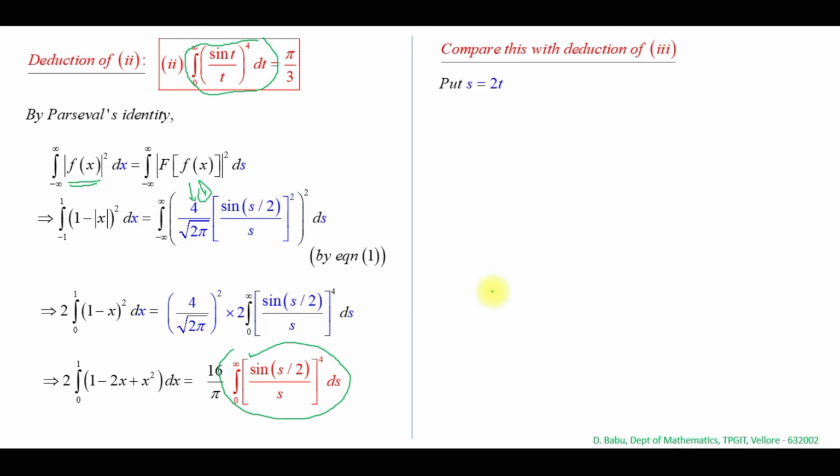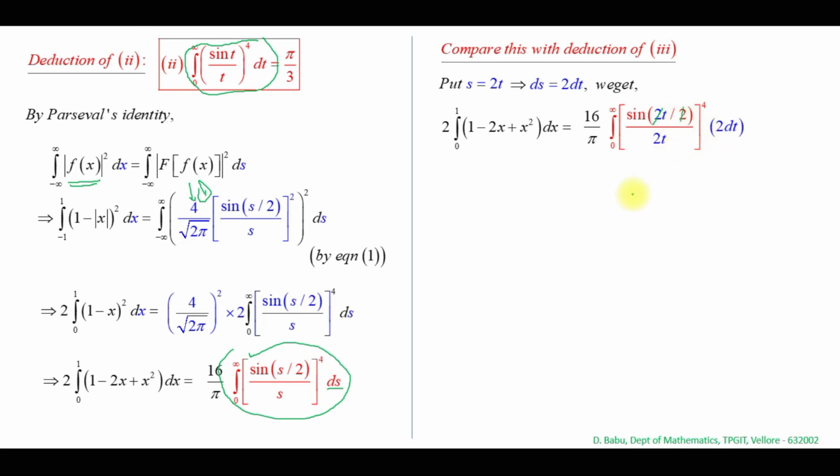So differentiating on both sides, ds equal to 2 dt. So substituting s equal to 2t, ds equal to 2 dt, we get this one. So now 2 get cancelled.